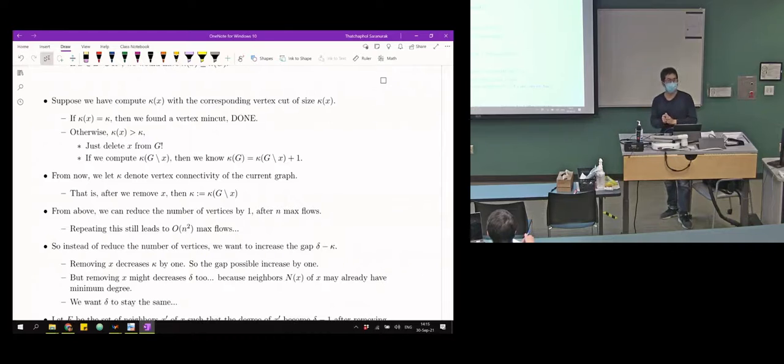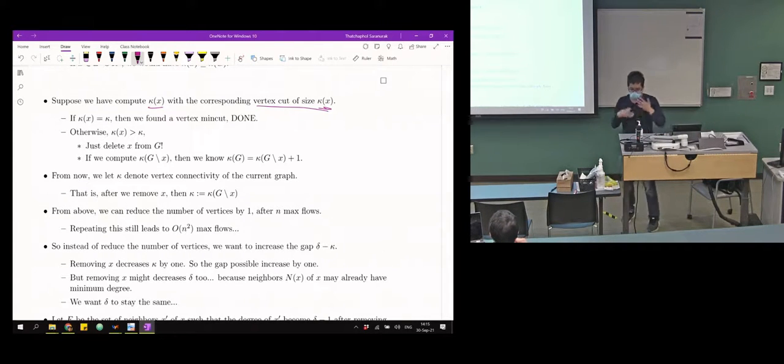And how do we use it? Suppose that we have computed kappa x, and maybe the corresponding min cut of size kappa x. Now I'm trying to describe the algorithm. Let's say you compute kappa x, and you remember the cut that you have found from kappa x as your best cut so far.